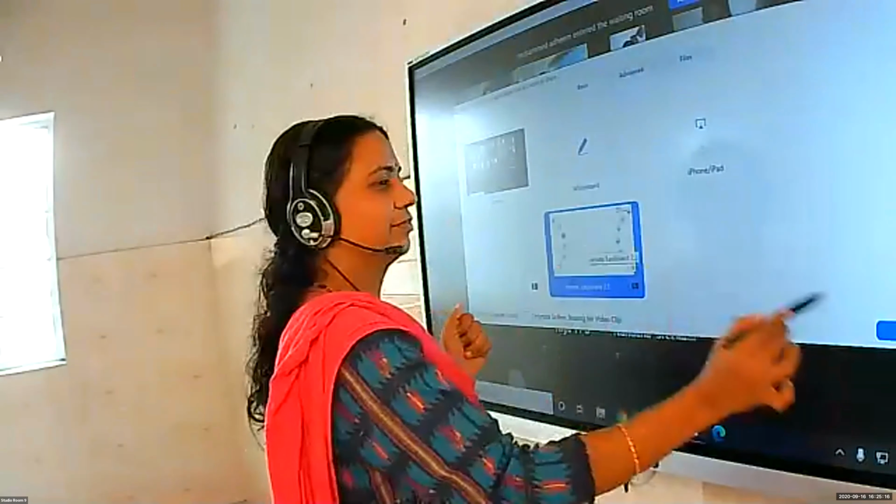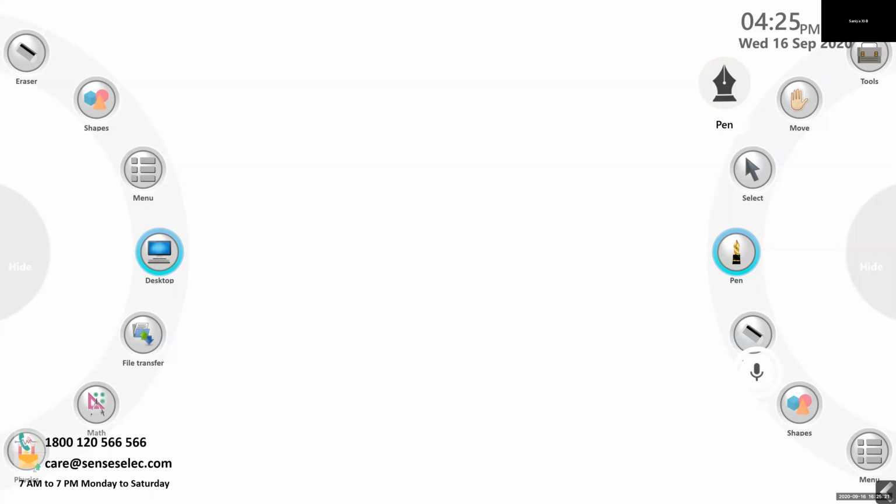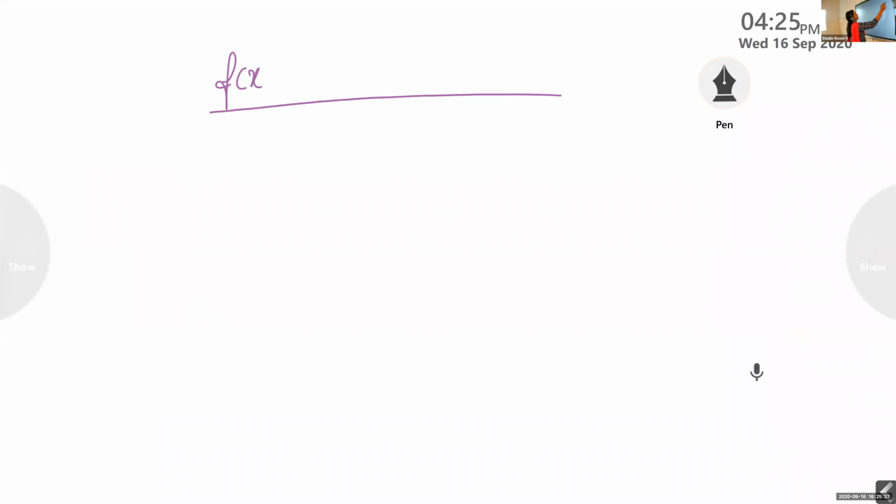Write down. Match the following. So this is the function f of x, f dash of x.